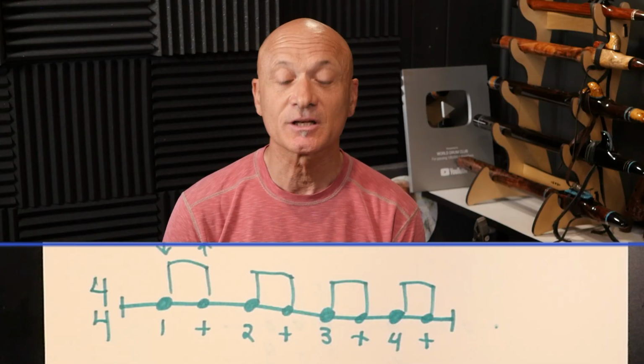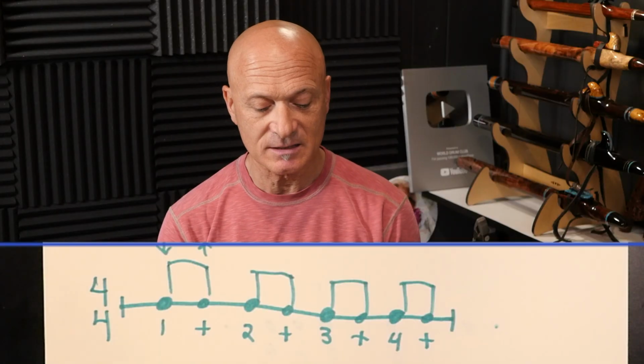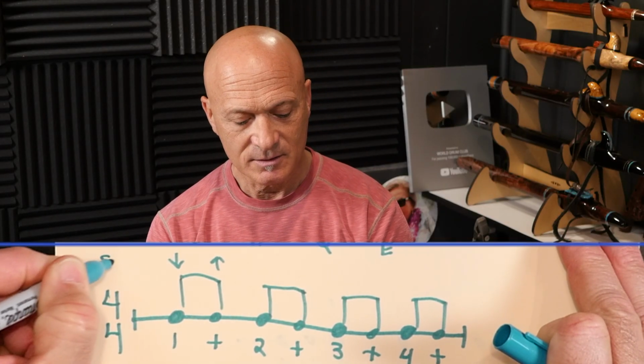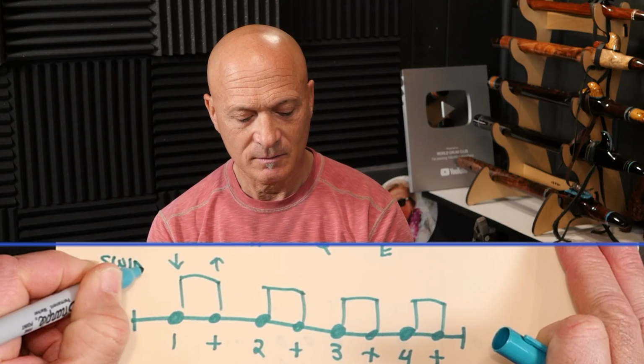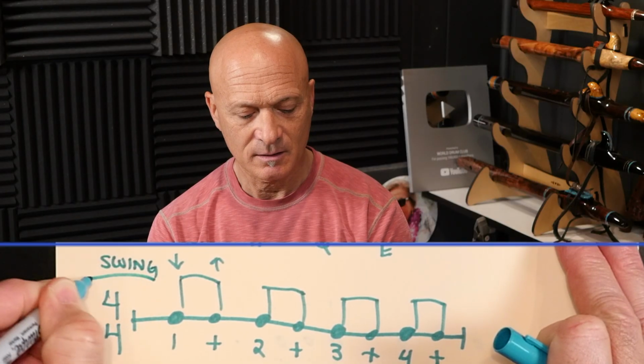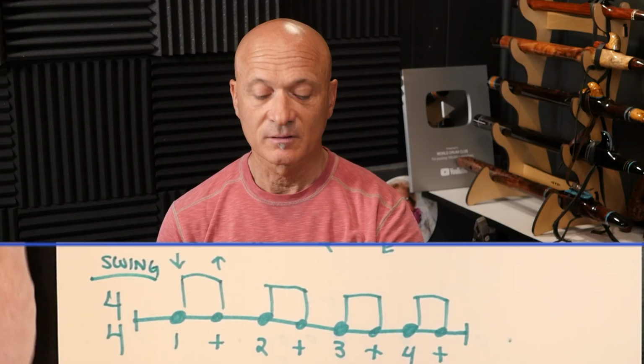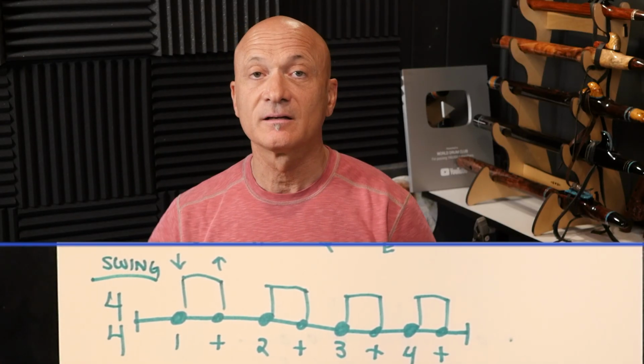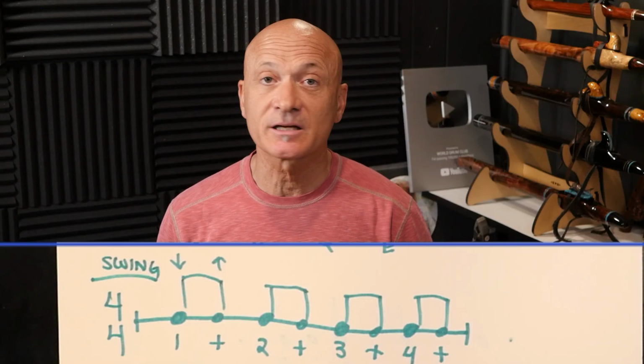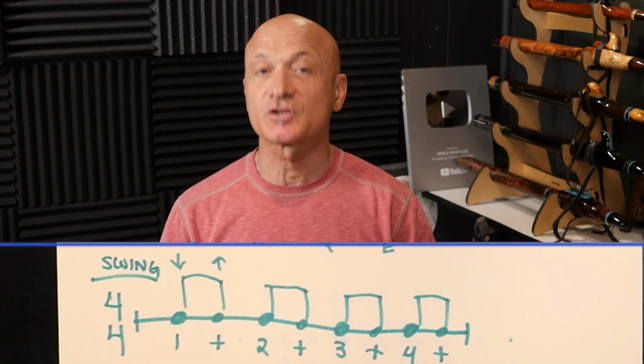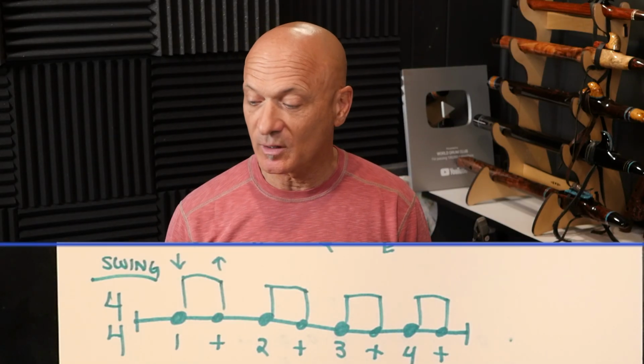But we also have the same notation, and if somebody writes swing, or shuffle, and you see swing, the notation is not going to change, but the feel changes. So then you treat it more like the triplet one.